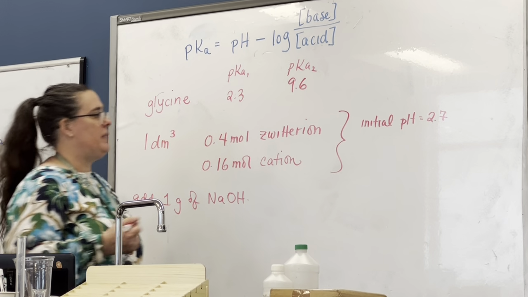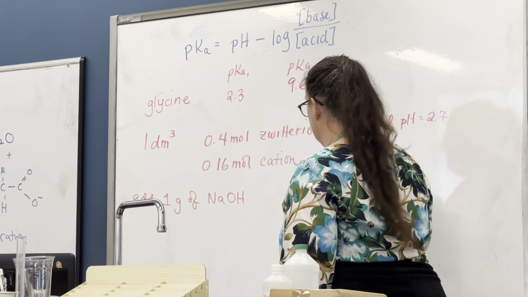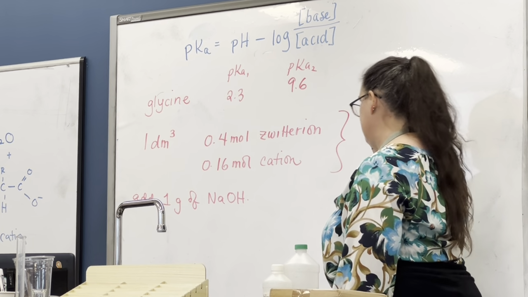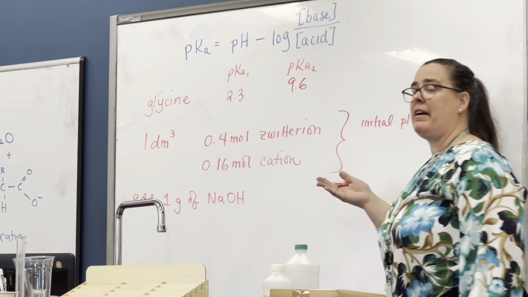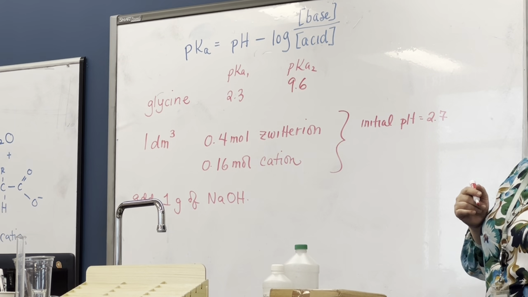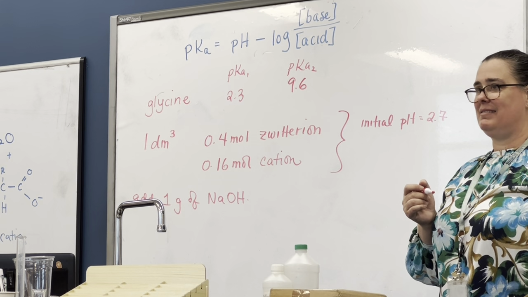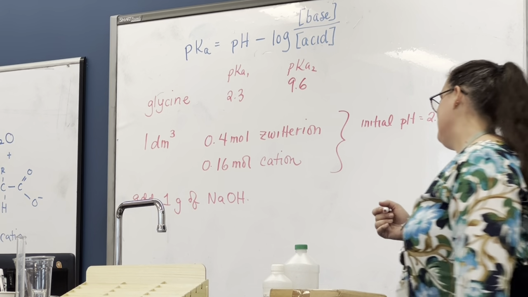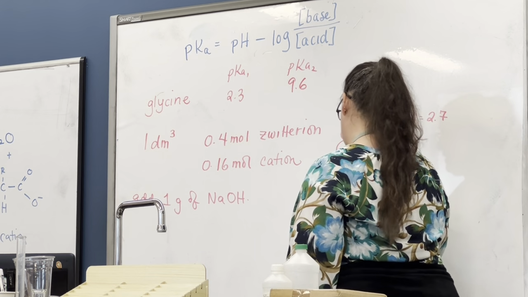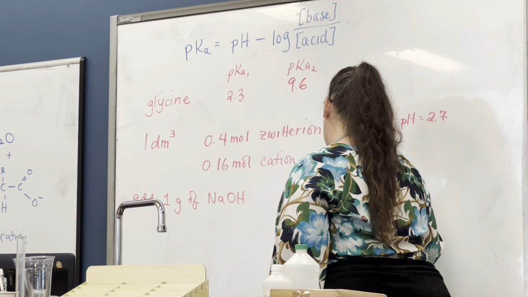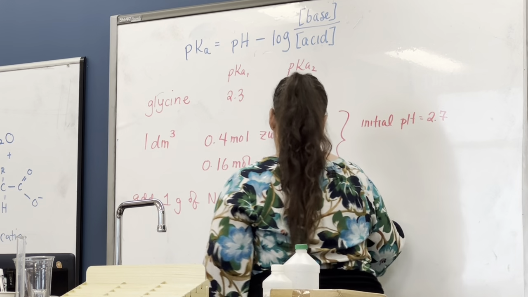So, if I were to write this down, the reaction that we're doing is the zwitterion. I can call it Z or I can call it Gly. What do you like? Okay, I'm actually going to have to call it HGly. I'm just going to draw it out so I don't have to call it anything.